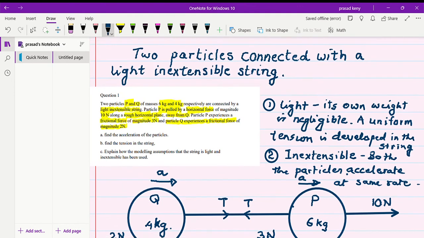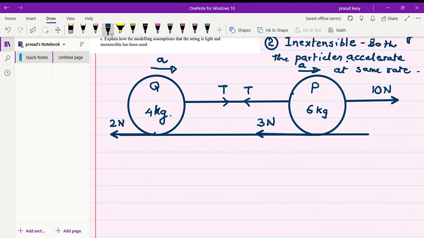So now here, first we have to find the acceleration. So part A, you are finding the acceleration. For finding the acceleration, we will consider the full system. That means we will consider both the particles together with the string.